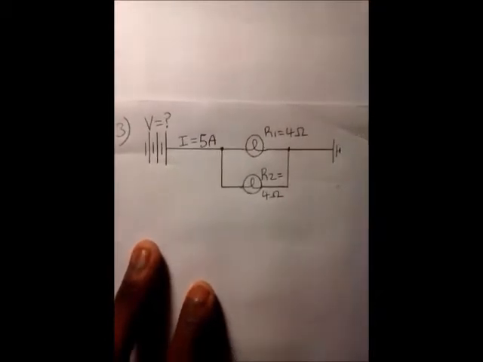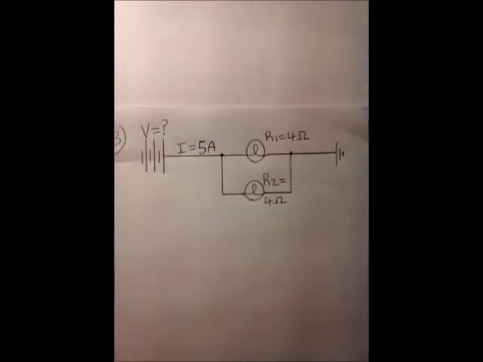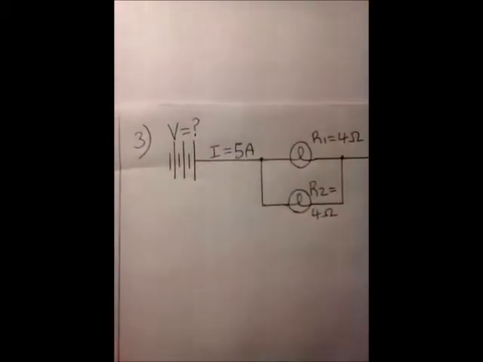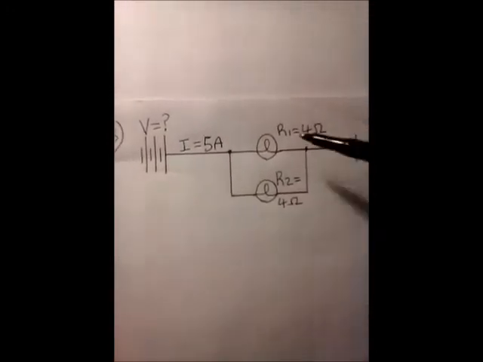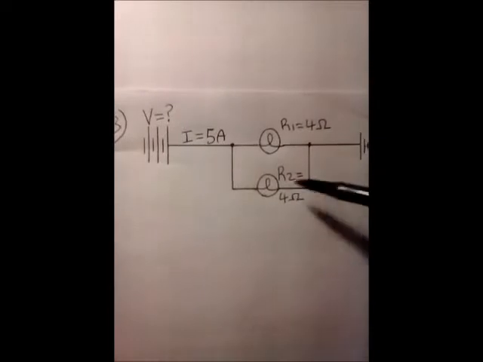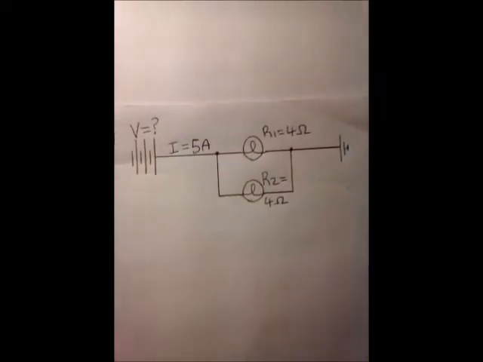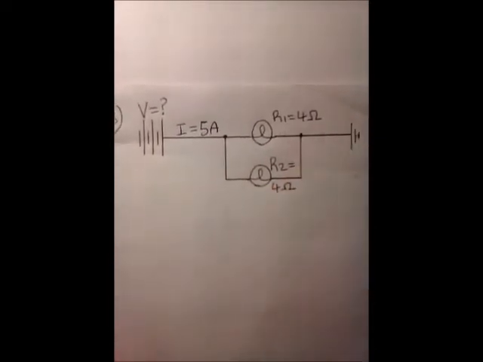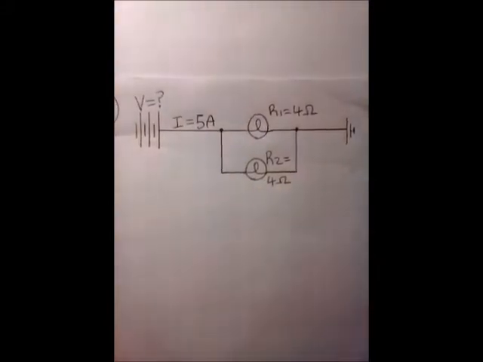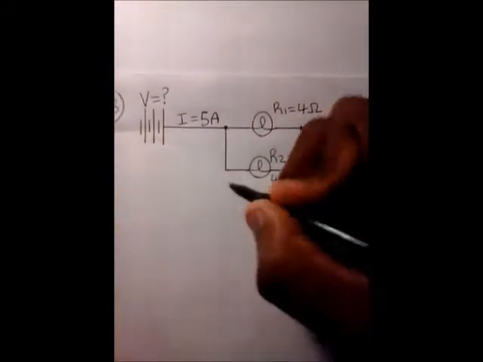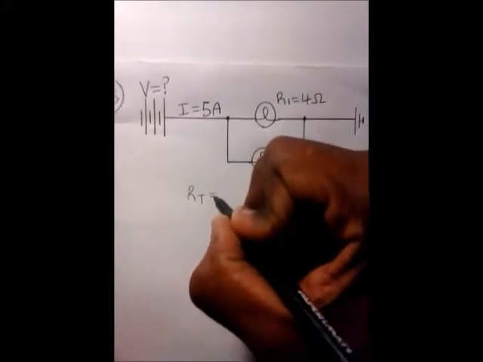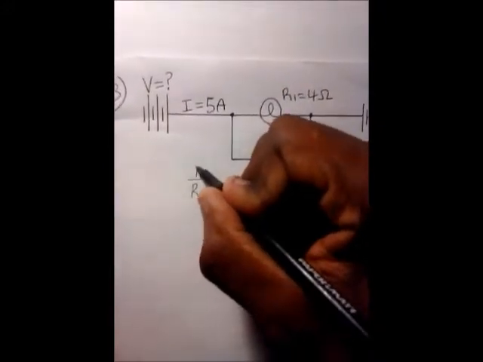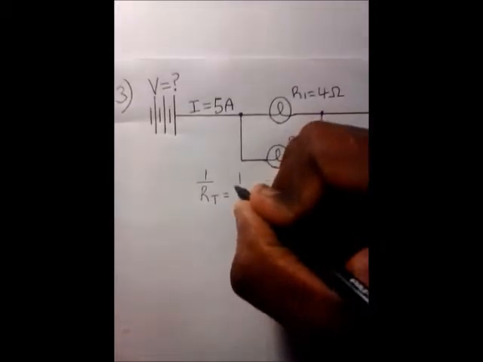Alright, now we reach the big boys. Here we have a parallel circuit. Now we have R1 and we have R2. Trust me, it's not complicated. You guys can do this. First, to find the total resistance, you have to use the formula 1 over RT, the same formula that you saw in the video.